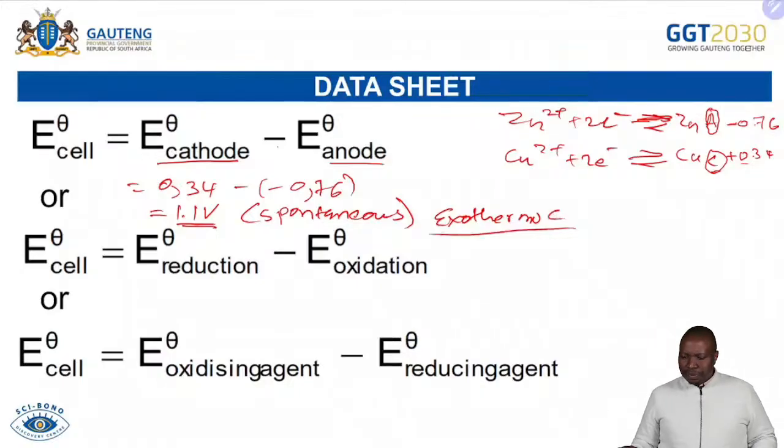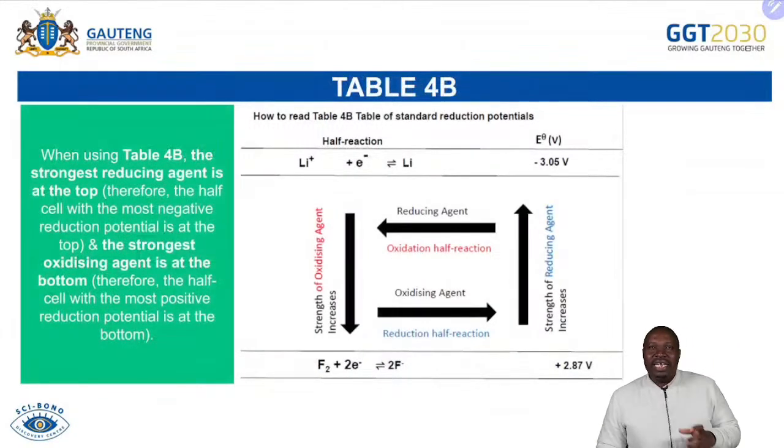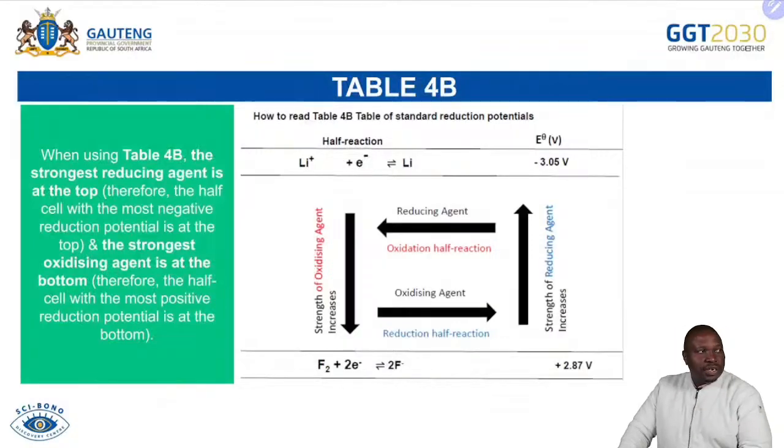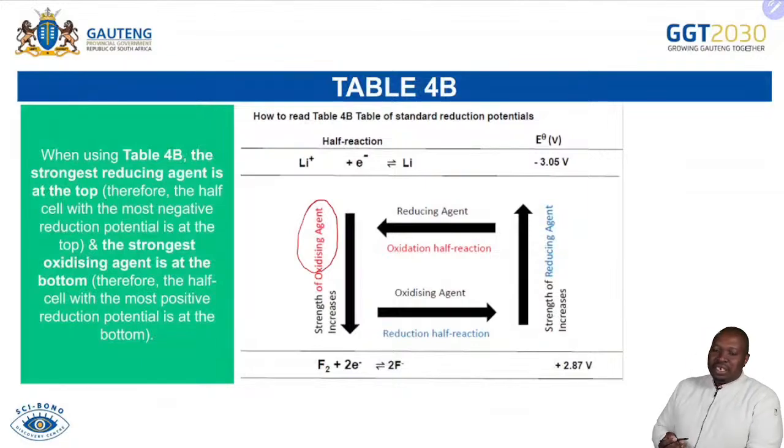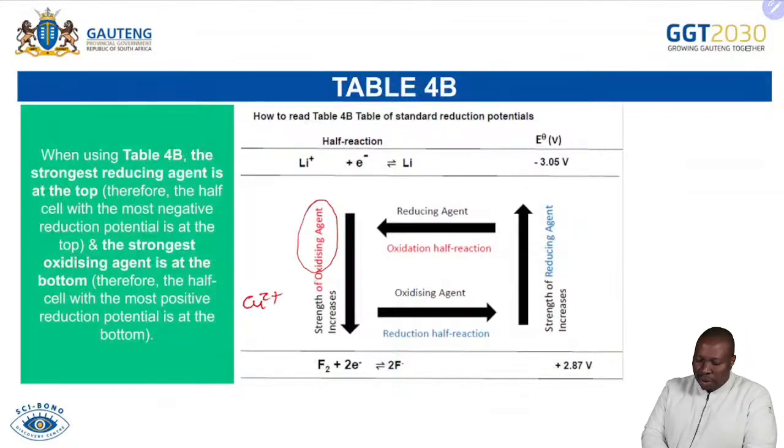I just wanted, on this slide, to explain the table and its meaning. I've told you that on table 4b, as we move down, we find a stronger oxidizing agent. So where copper 2 plus was, down there, and zinc 2 plus was up, this copper 2 plus is a stronger oxidizing agent.